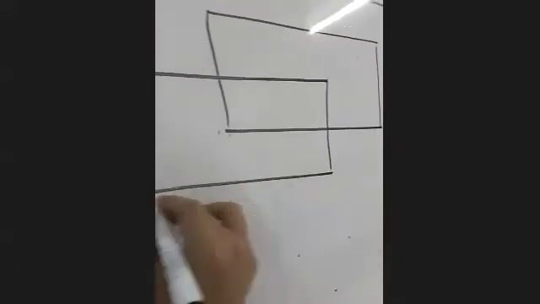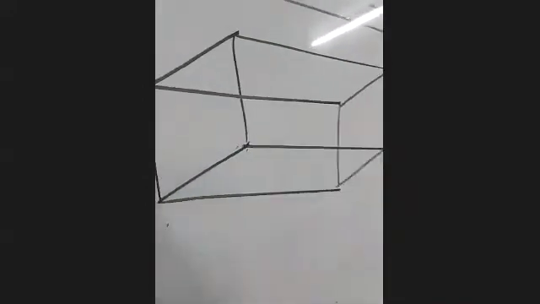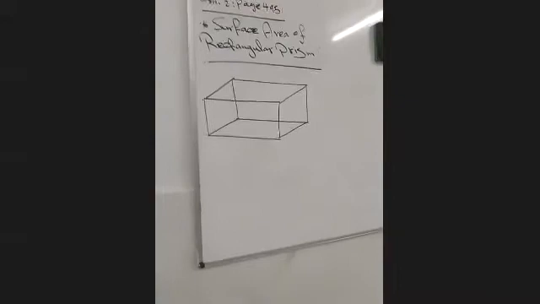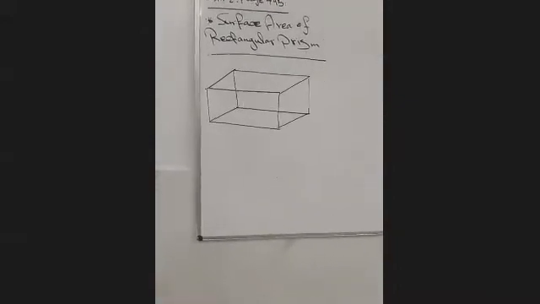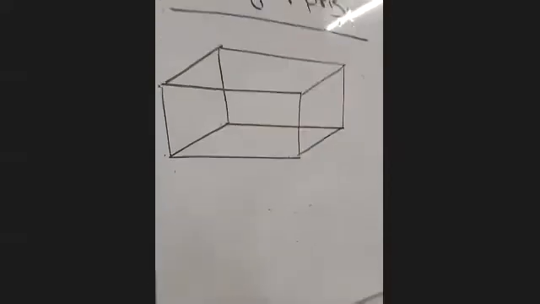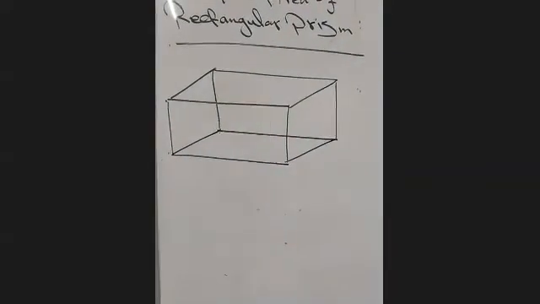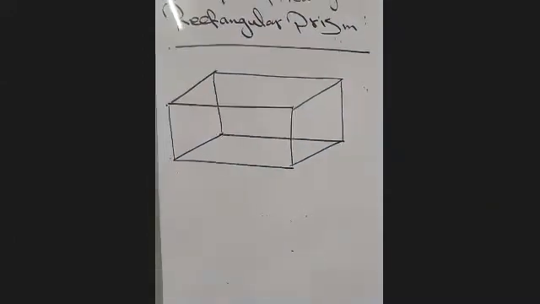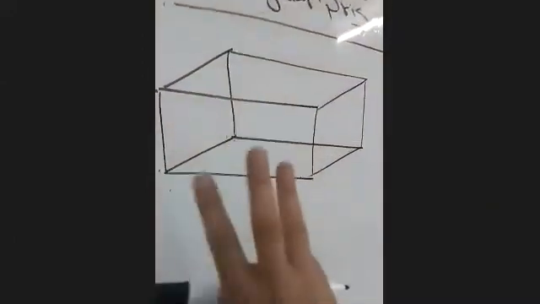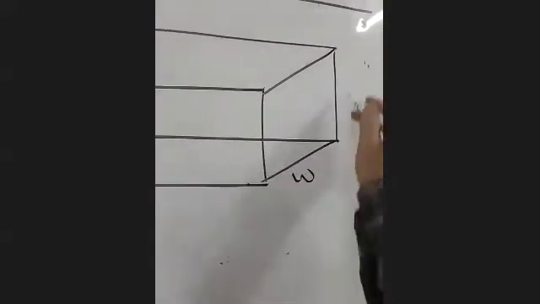The rectangular prism is a solid figure with 6 rectangles and they are closed. It's like the room you are in now. It's like any box, the juice box, anything like a box with rectangles around, up and down, we call it rectangular prism. The rectangular prism has 3 dimensions: length, width, and height.